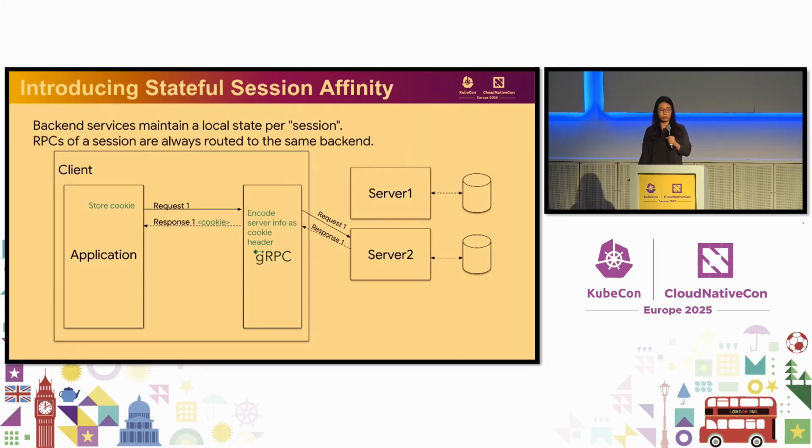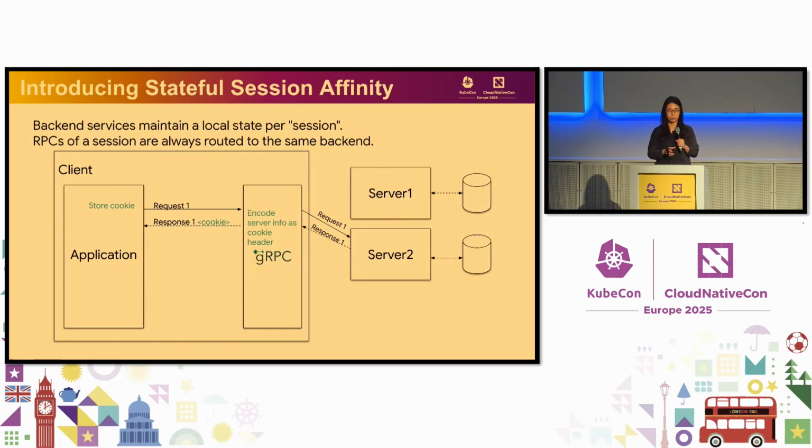When the first request is sent out, the gRPC client will route it to a server as a normal request based on your LB policies. In this example, request 1 happens to go to server 2. Server 2 encodes its identity into a cookie and populates that information in the Set-Cookie response header.